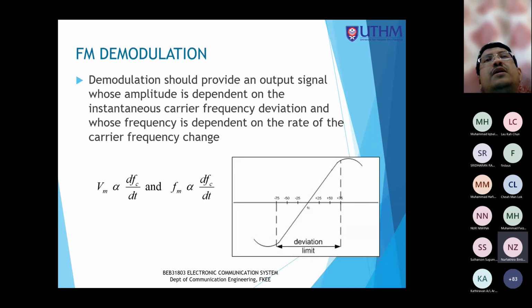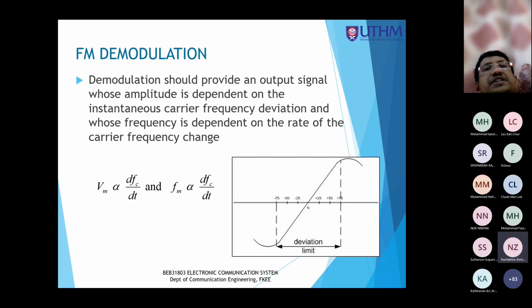We have the tuning process, the down conversion process, the filtering process to convert into IF, and then the last part we do the demodulation process. So this is also similar in the FM receiver.